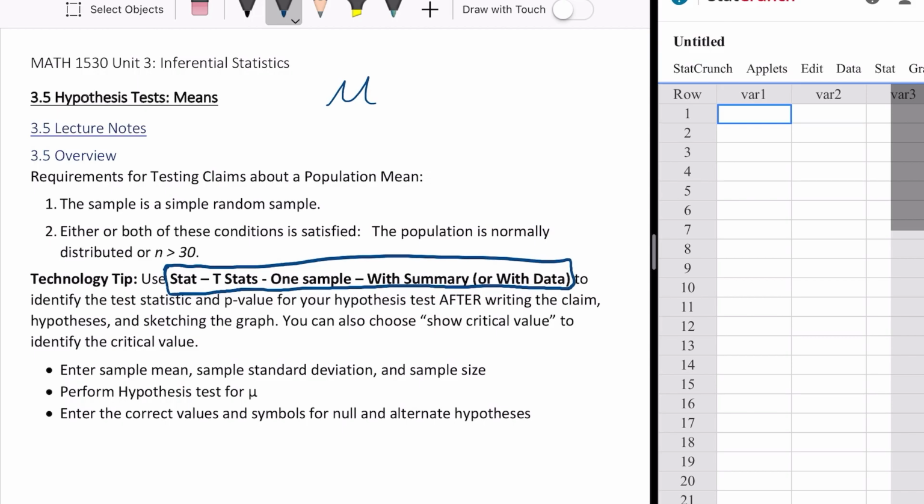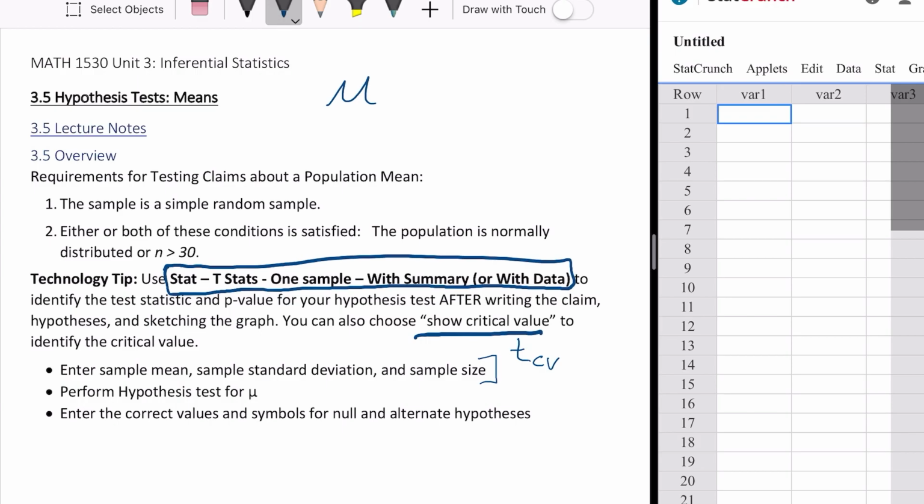When you put your information in, you can also show critical value, just like we did with proportions. And just remember that's going to be a t. We'll enter our sample mean, sample standard deviation, sample size. That information will be either given to us, or if we do it with data, we'll just select what column our data is in.